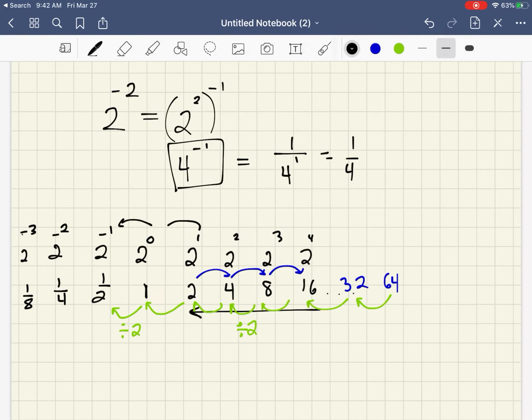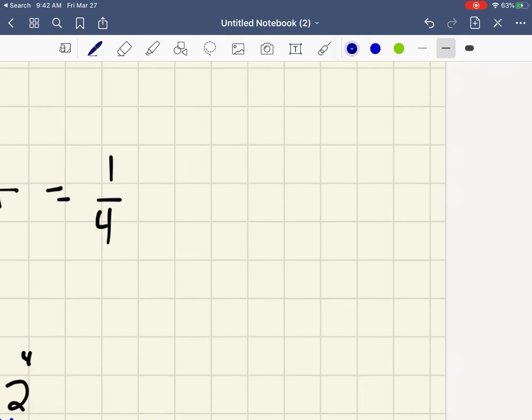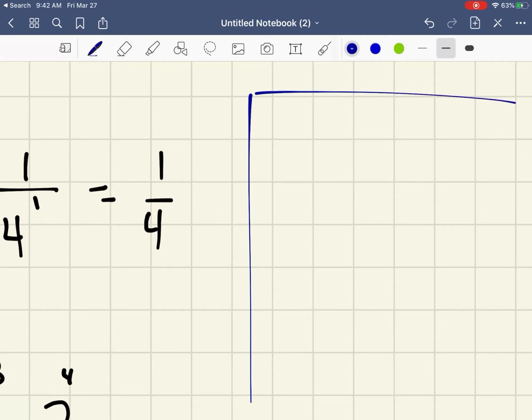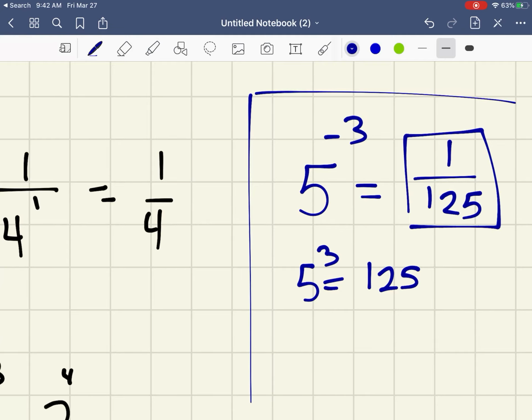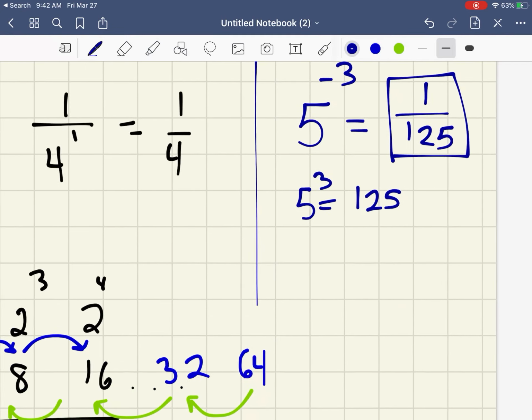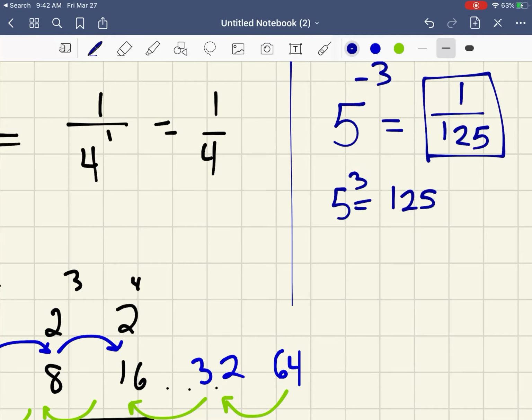Let's just do one more to make sure you understand that. Let's do 5 to the negative 3. Remember that 5 to the third is 125. So 5 to the negative 3 is 1 over 125. What if I had a fraction?